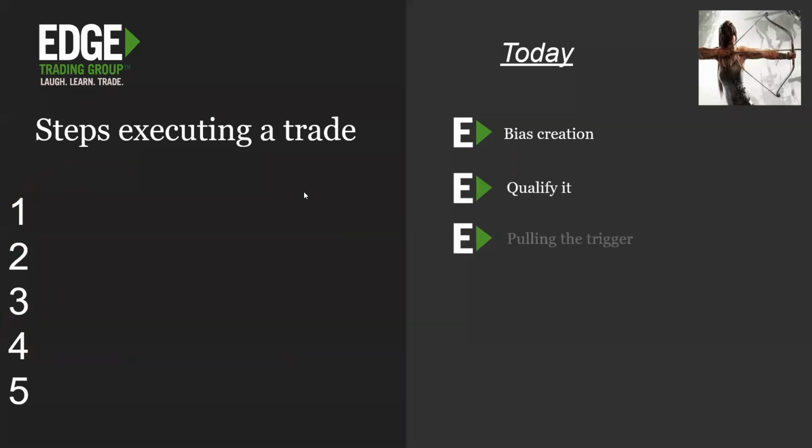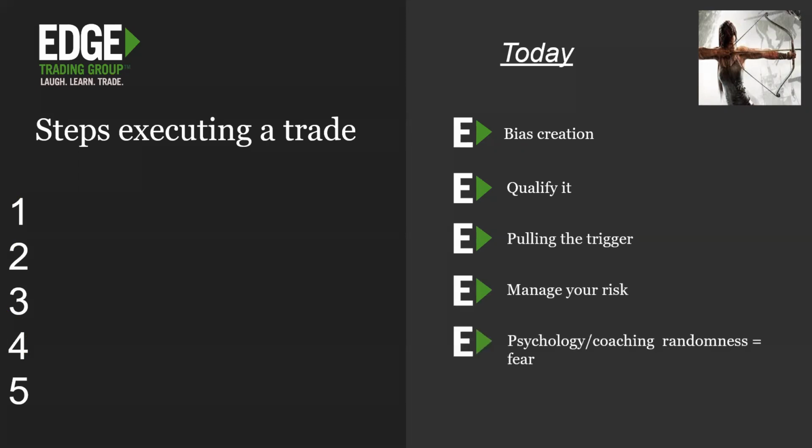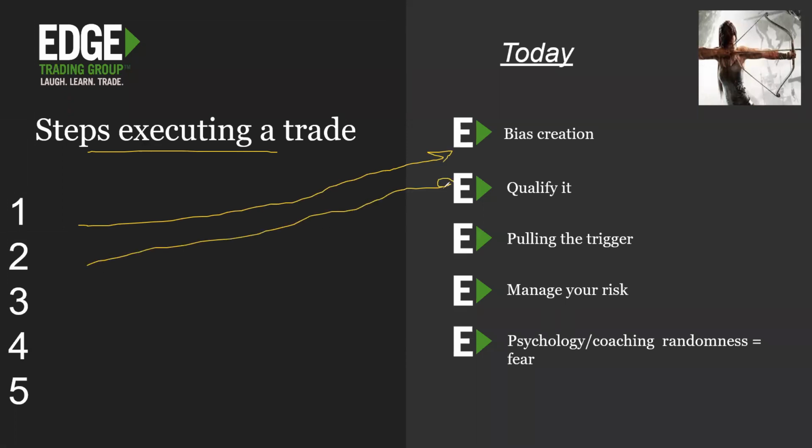Qualify it. Pull the trigger. Manage your risk, step four. Psychology or coaching or randomness is why you're fearful. You see the coincidence? There is none. Each one of these steps in executing a trade connects with each step of the education program.